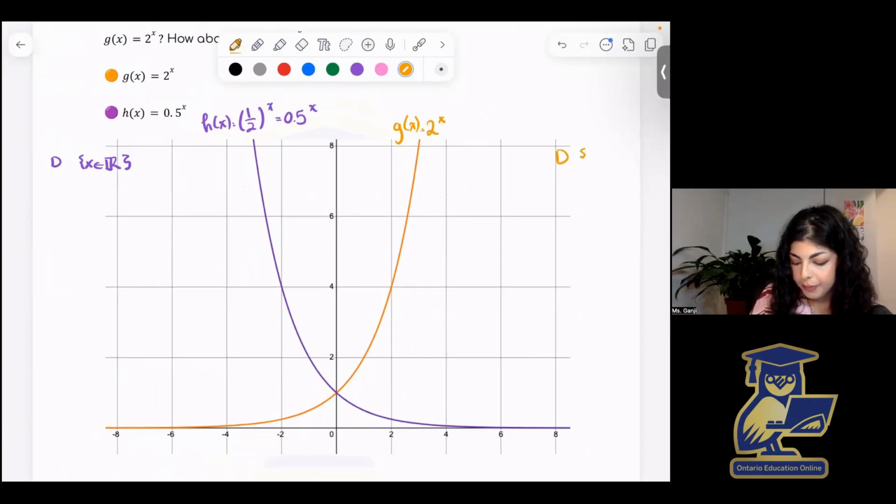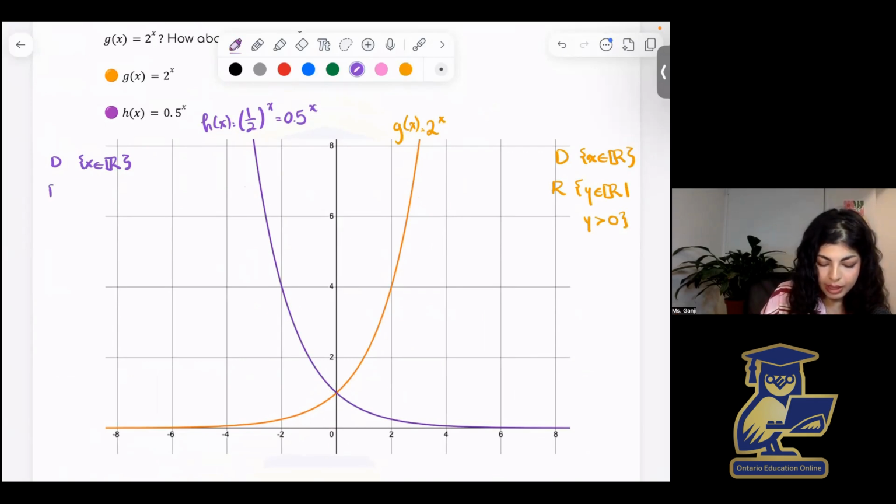We have x is the set of all real numbers. However, when we get to range, we do have a restriction now. y is the set of real numbers, but y is greater than 0. And same with the range here: y is in the set of real numbers, but y is greater than 0.